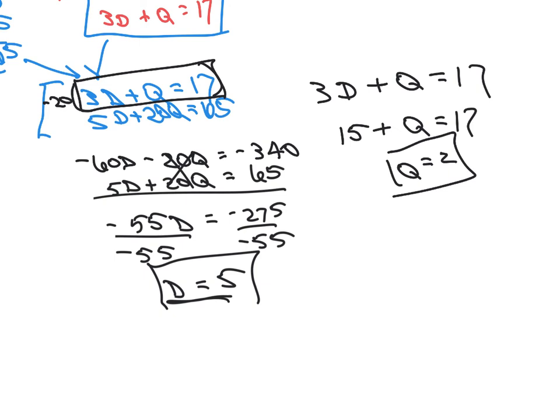Now, if you remember from clear back at the beginning in the story problem, I have 14 coins total. So that means if I have 2 quarters and 5 dimes, my number of nickels is going to be 7, so that they add up to 14.